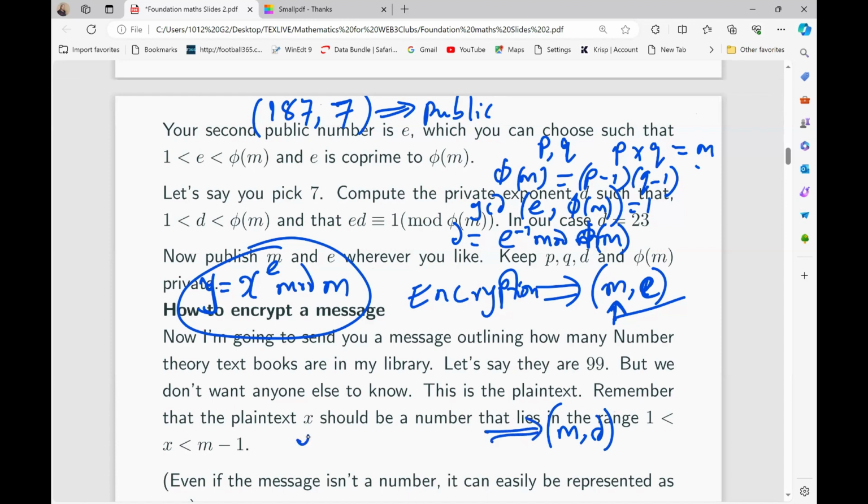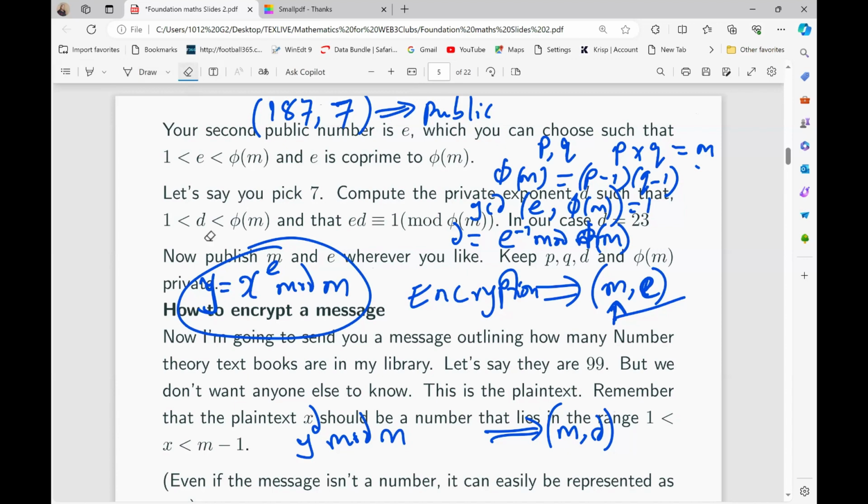Once you get my message Y, raise it to D mod M, and you have my plain text. So you can read it and see what I wanted you to know.